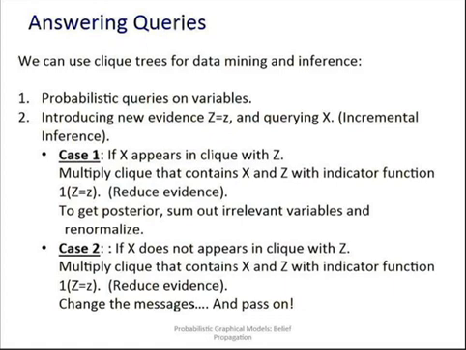We can do things in a couple of different ways. Now we're interested in inference. One thing we can certainly do is probabilistic queries on variables. What does that mean? That's essentially looking at the conditional probabilities, multiplying down the tree, that kind of stuff. It doesn't take into account any new evidence.